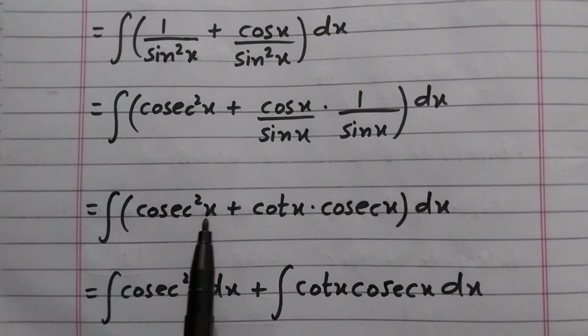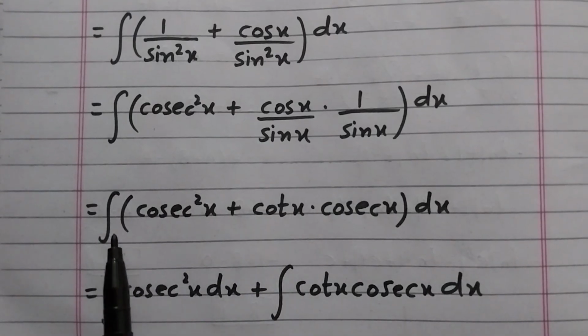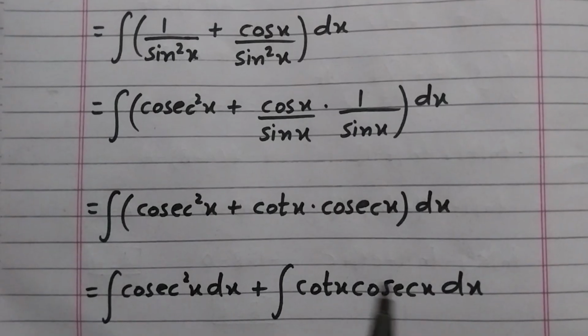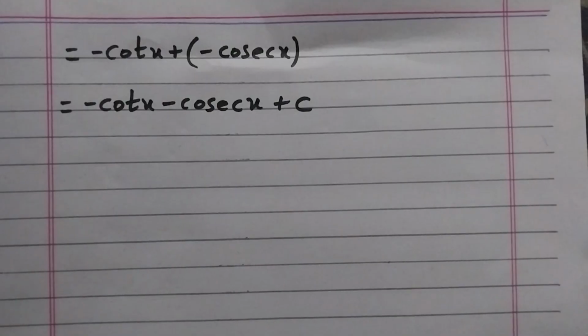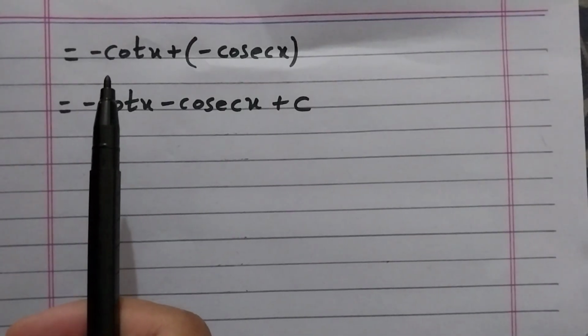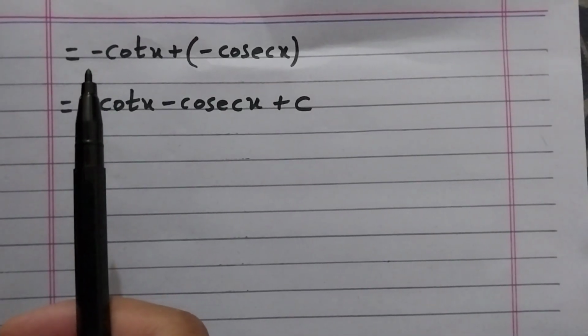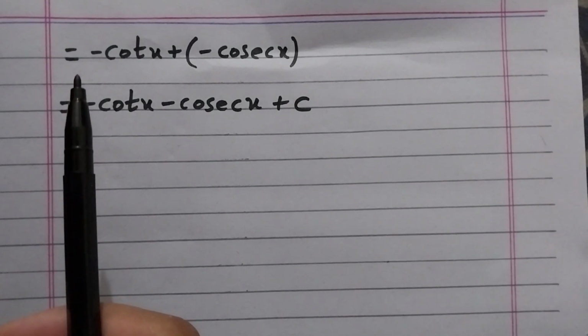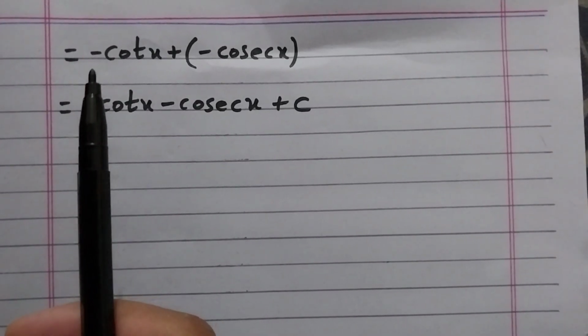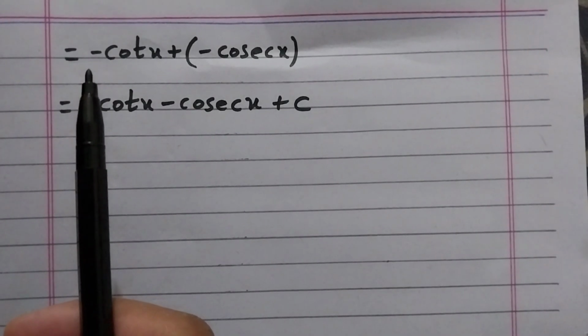So we'll use the linearity property of integration and take the integral of these two terms separately: integrating cosecant squared x with respect to x, and integrating cot x cosecant x with respect to x. For the integral of cosecant squared x, the derivative of cot x is minus cosecant squared x, and we had cosecant squared x, not minus cosecant squared x.